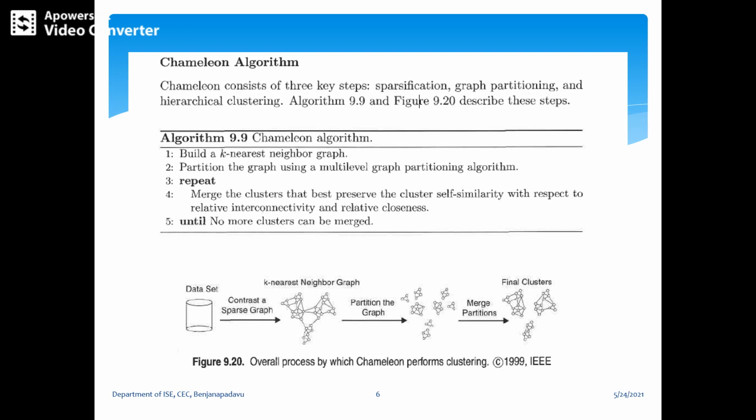Finally, we should discuss the time complexity. Assume that m is the number of data points and p is the number of partitions. Performing an agglomerative hierarchical clustering of the p partitions obtained from graph partitioning requires O of p squared log p. So this is about the Chameleon algorithm.